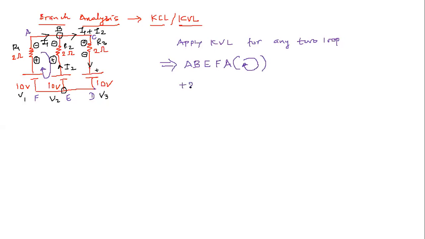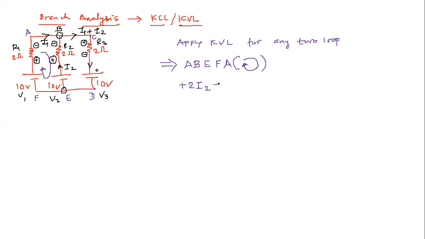Please try to write down plus 2I2, right? From B to E, I'm going from a lower potential to higher potential. There is a rise in potential. This is called a potential drop, right?